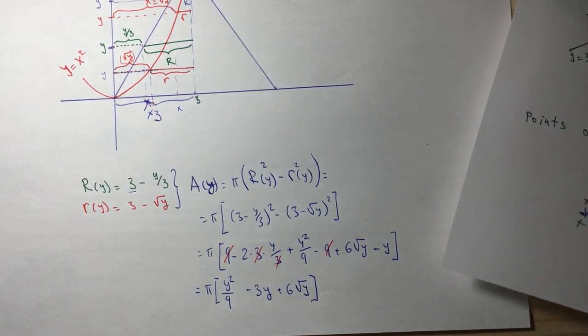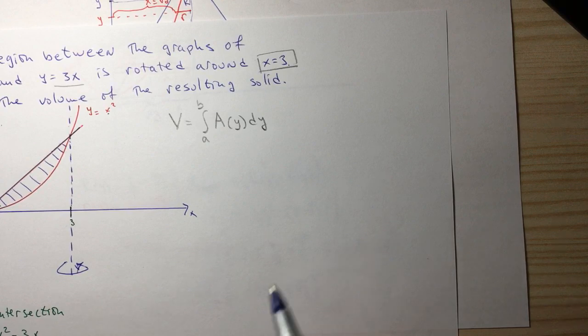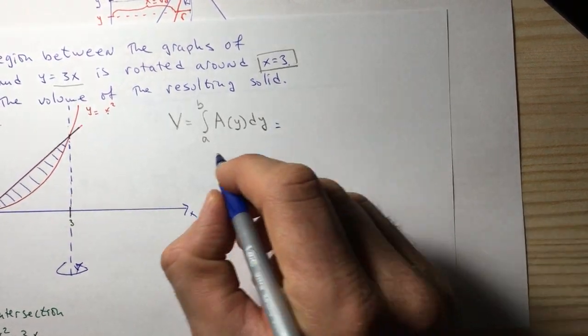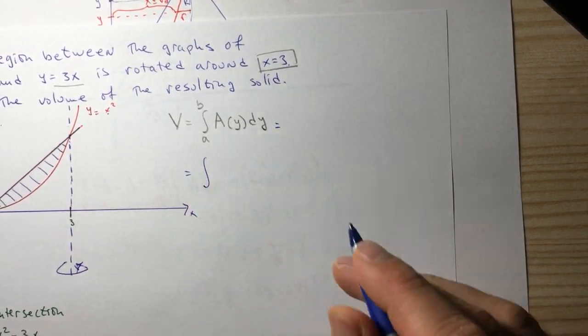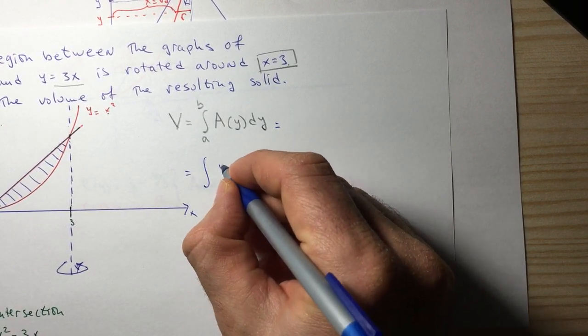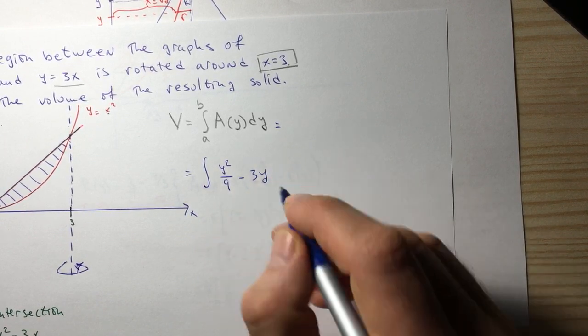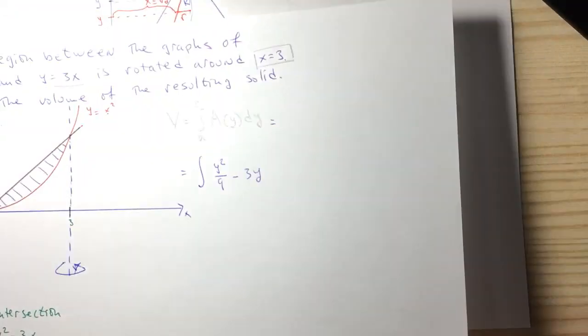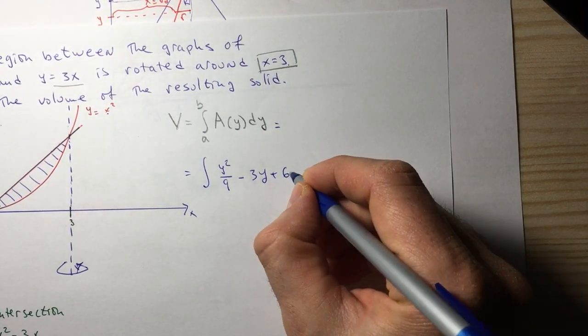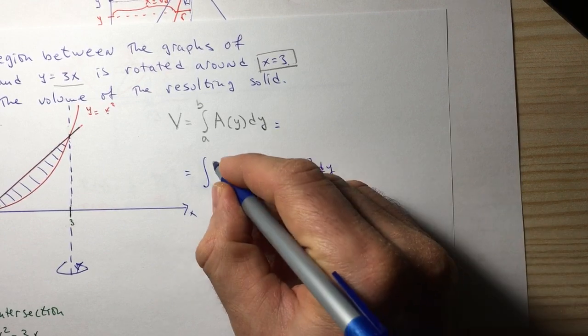Now we can come back to the beginning and we can evaluate this as the definite integral. We said that A of y is equal to y squared over 9 minus 3y plus 6 square root of y dy.